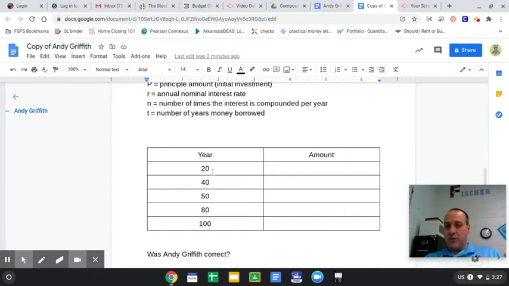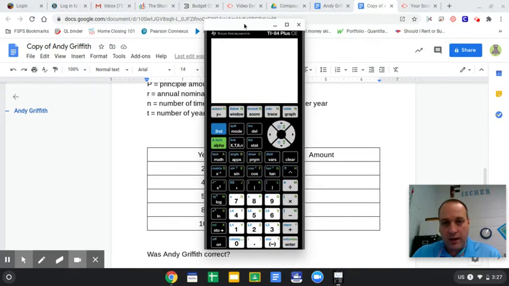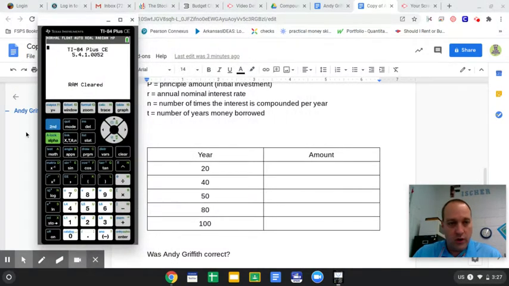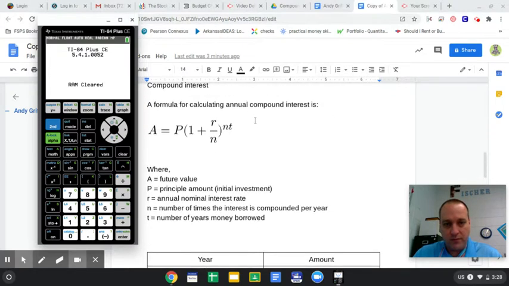So to get this one, we would open up our calculator, and I would do 100 first. Sorry, I need to put the 100 first. 100 parentheses 1 plus. Now the rate was 8.5% interest, so 0.085 divided by 1.